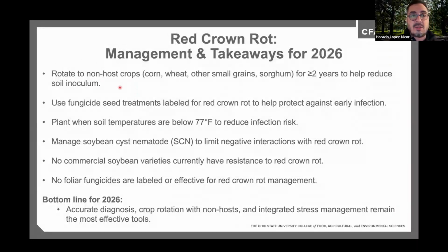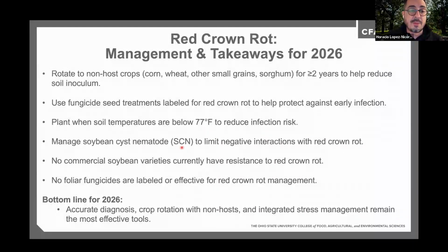If you have it, rotate to a non-host. This will reduce those surviving microsclerotia. Use fungicide seed treatment only if the labels say, and you have information that they are indeed effective for the red crown rot pathogen. Avoid planting in high temperatures. We talked about how SDS does more severe damage at cool soil temperature, while red crown rot does better at warmer soil temperature.